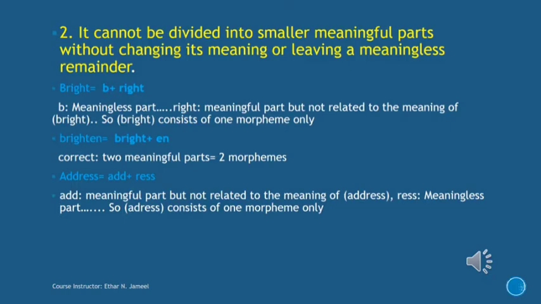That is why it cannot be divided into two parts, because once you divide the word address into two parts, you will have this result, a meaningless part and a meaningful part with a meaning that is not related to the word address at all. So the word address is a word that consists of one morpheme only.